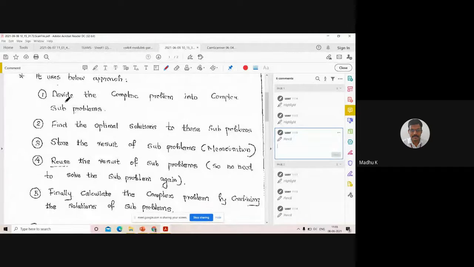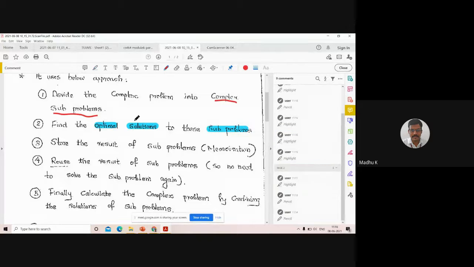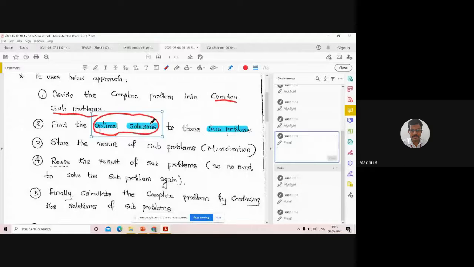First we divide the complex problem into subproblems. Next, find the optimal solutions to these subproblems. This is very important. We will try to find the optimal solutions to these subproblems.